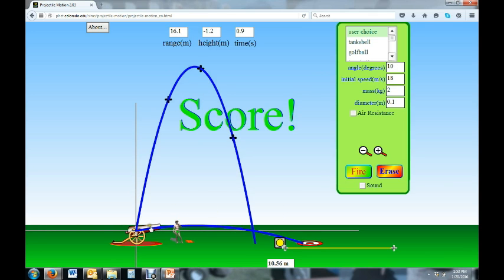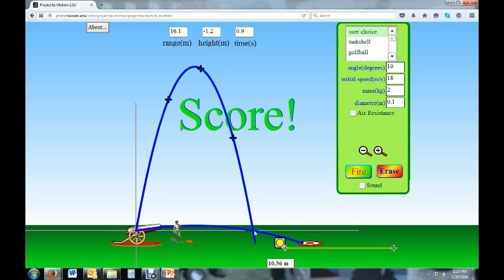Right? Okay, it said score because technically the projectile hit the target over here on the ground. But what I want to look at is this point where I'm looking at the same height that I fired initially at. Right? And the 80-degree curve and the 10-degree curve both happen to hit that mark.